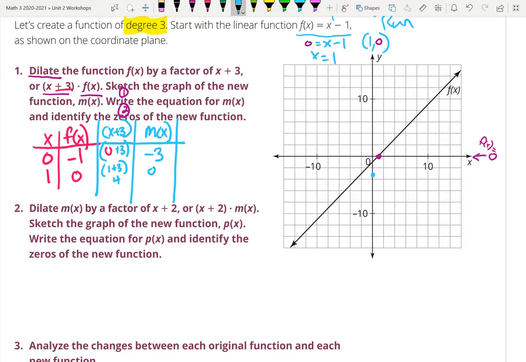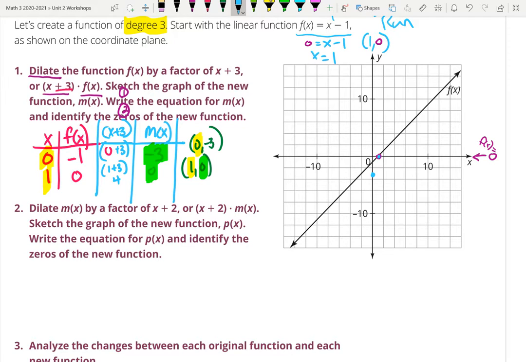So the coordinate would be, here this was (0, -3), the x and then this new y. In same fashion, this would be (1, 0). Notice how it didn't change?